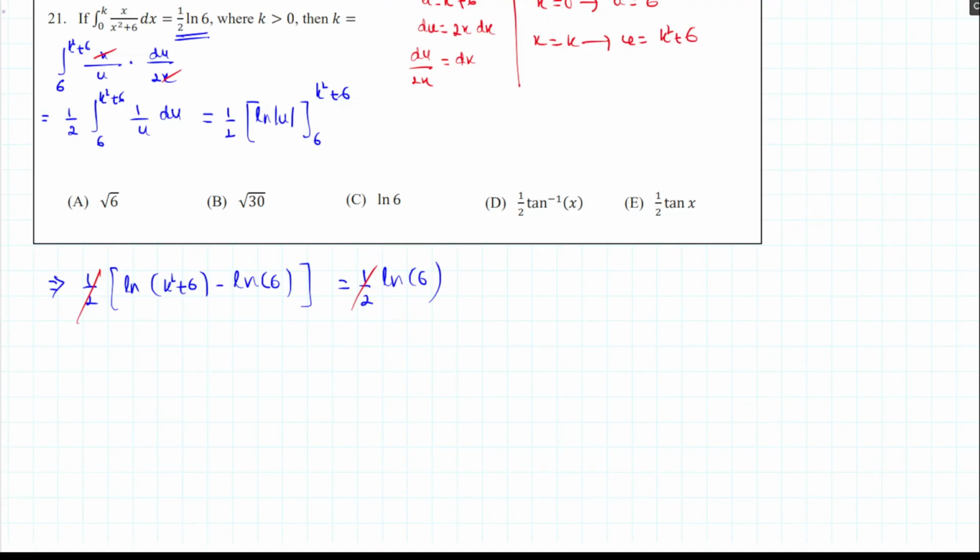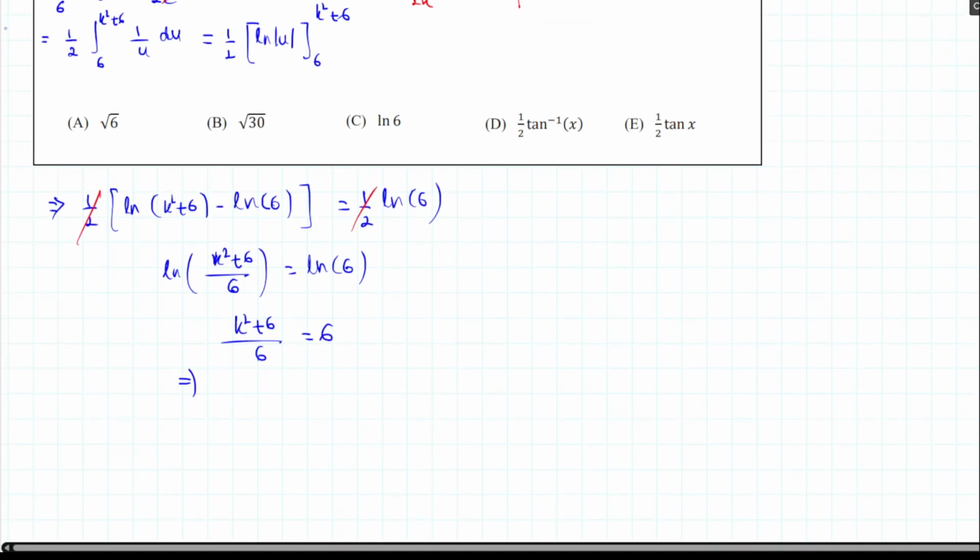And here, this is ln of a minus ln of b, which is ln of a over b. So we can rewrite this as ln of k square plus 6 over 6, which is equal to ln 6. Applying the inverse logarithm, the ln gets cancelled, and this is k square plus 6 over 6, which is equal to 6.